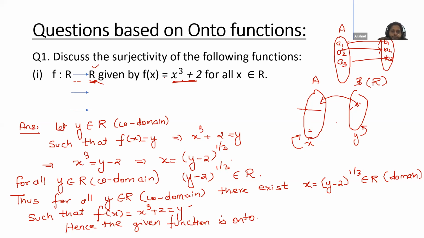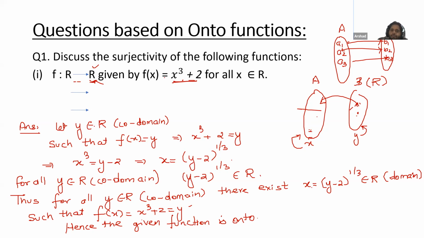Okay. First thing is, what is an onto function? If all the elements which are present in set B have their pre-images in set A, we will say that the function is onto. Now, what we are doing in this question, we always need to assume a value y in the second set.